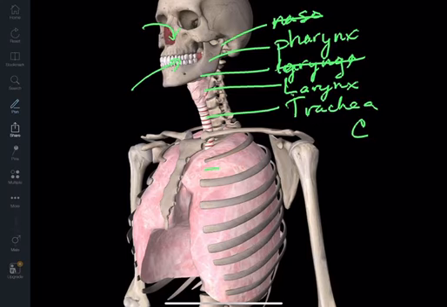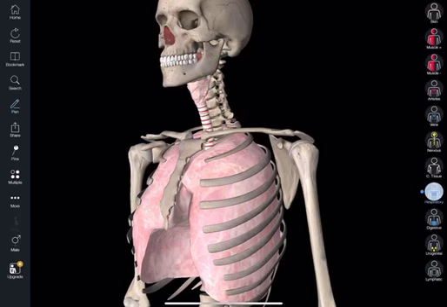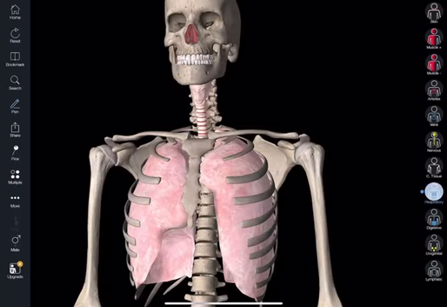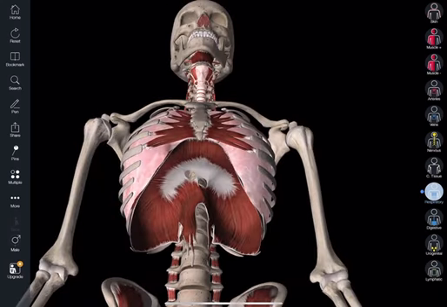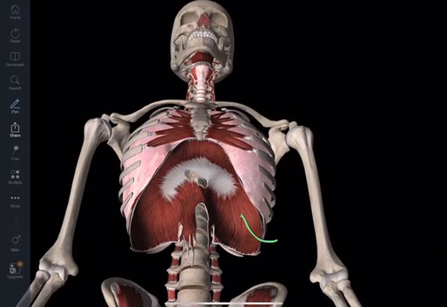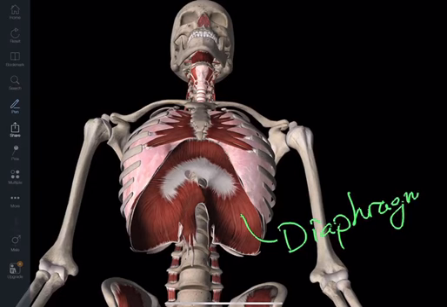And then you're going to have this would be the left lung, and this would be the right lung over here. And we'll talk more about those in a second. Let's get rid of that real quick, put some muscles on. The primary respiratory muscle is going to be this muscle right here, which is the diaphragm. And when you contract the diaphragm, these muscles get closer together here and here and here.